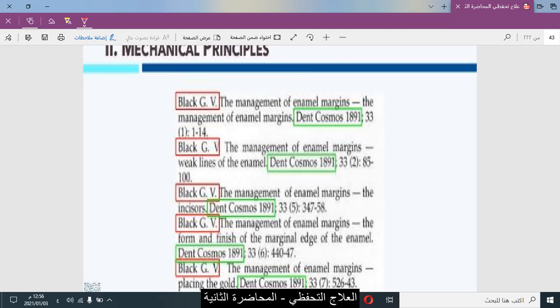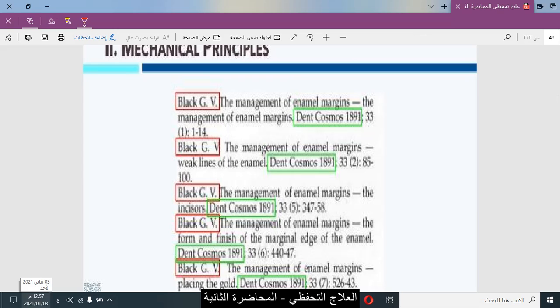The third thing is that the dentine is elastic, so when the load or force is applied to the amalgam, the elasticity of dentine will absorb those forces.